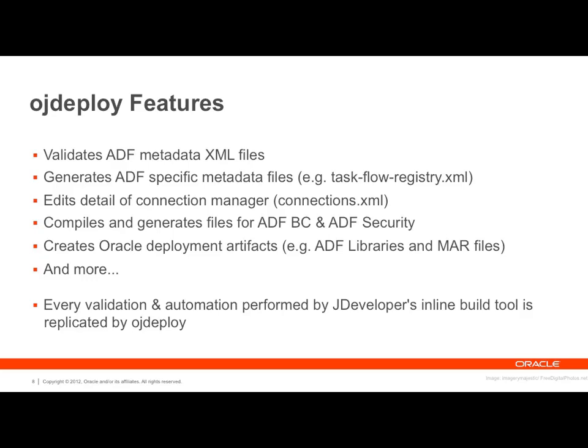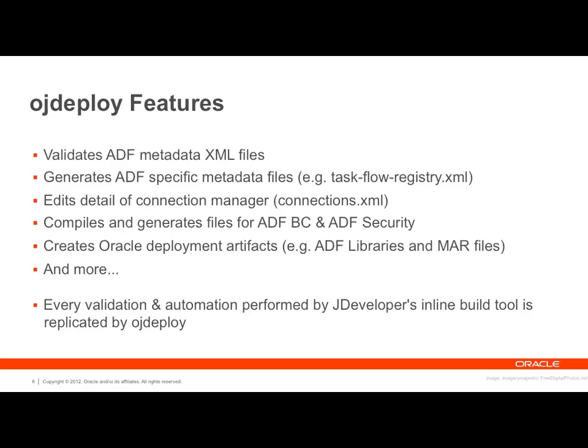Well, how does it do that? It knows that via an internal file called the task flow registry XML file, which has all the task flows effectively registered within that ADF library jar. What generates that? Well, it's the build mechanisms of JDeveloper and therefore the build mechanisms of ojdeploy.